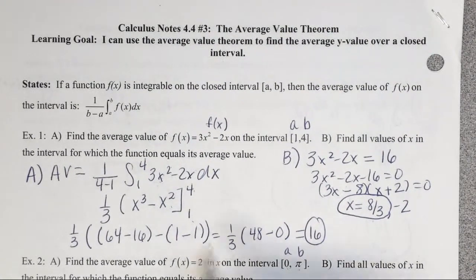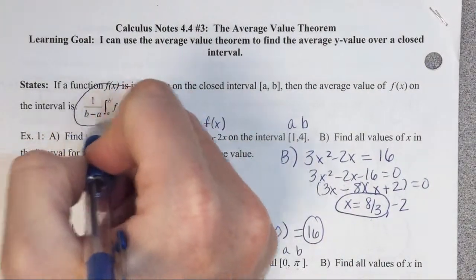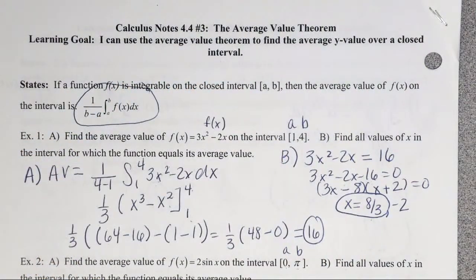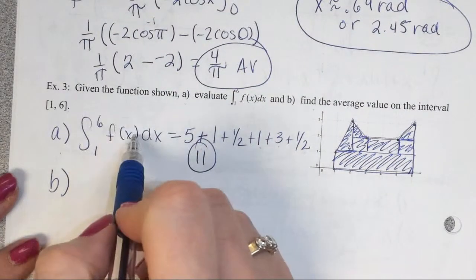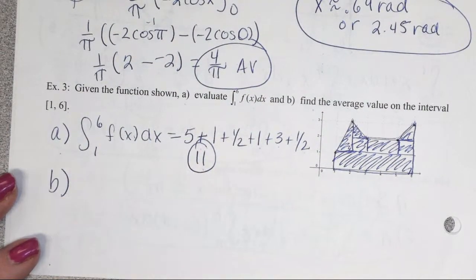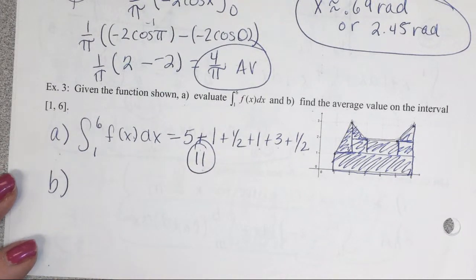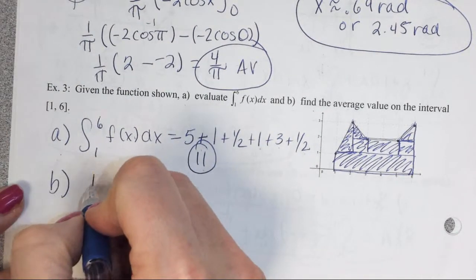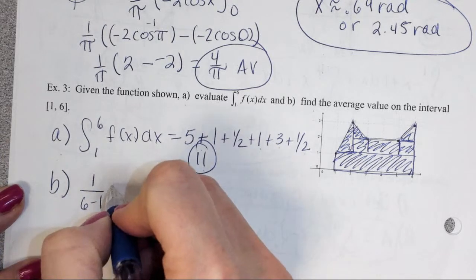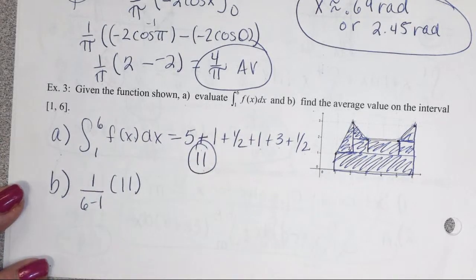Look back at what the formula is for average value. Here's the formula for average value. Look at what we just found. Megan? The 1 over 6 minus 1 times 1. Yes. Blake, is that what you were going to say too? Yeah. Great. Good job, guys.